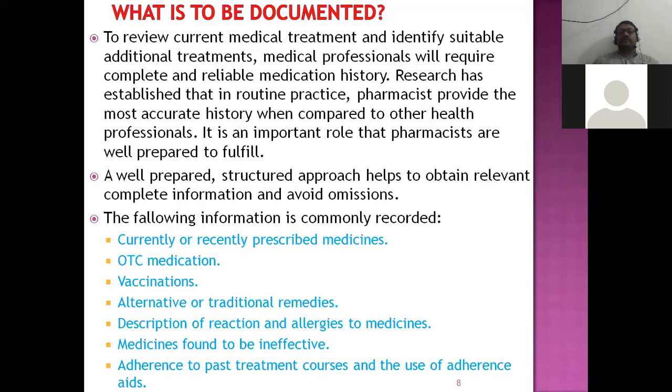Some medicines may be ineffective for particular patients, which can be identified during this process, along with adherence to past treatment. These are the commonly recorded information in the medication history.